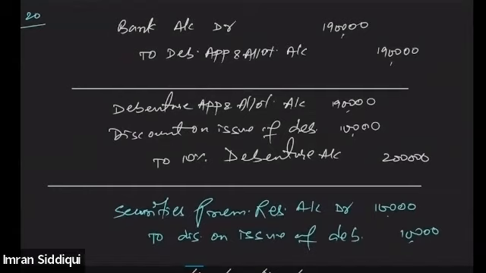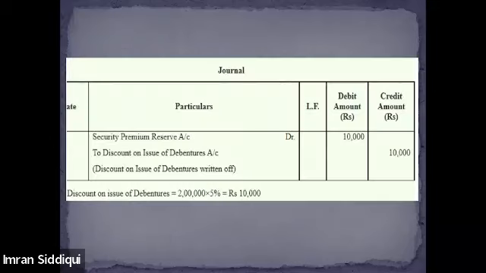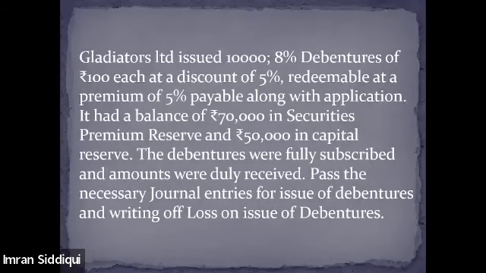Yeah. Okay. So I'll give you a similar question to try. Please give it a try. Question number 21. Gladiator Limited issued 10,000 8% debentures of 100 each at a discount of 5%, redeemable at a premium of 5%, payable along with application. It had a balance of 70,000 in securities premium reserve, and 50,000 in capital reserve as well.